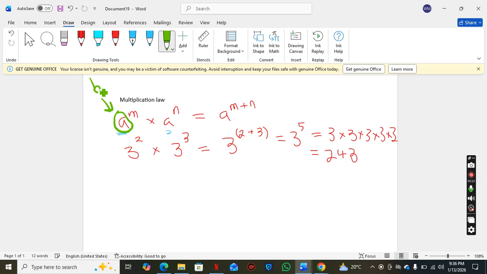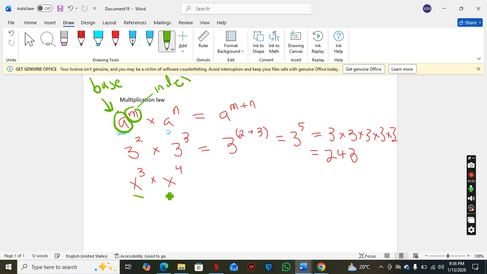Let me just illustrate this law one more time. Let's say you are dealing now with variables, which are basically just letters in mathematical terms. If you have x to the power 3 multiplied by x to the power 4, as we can see again, same bases.